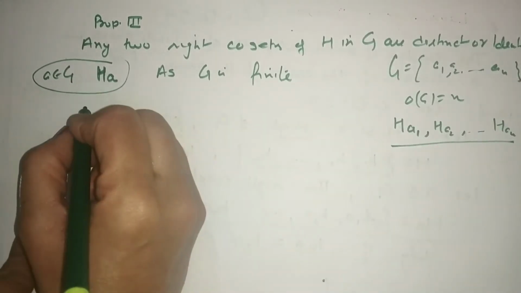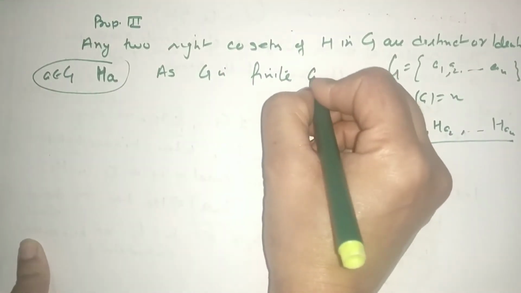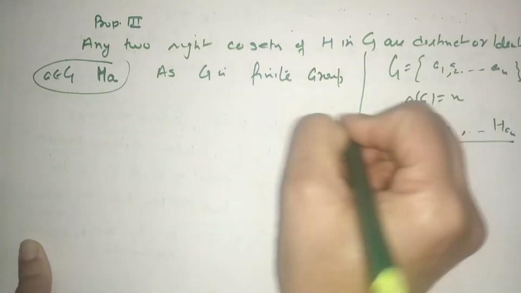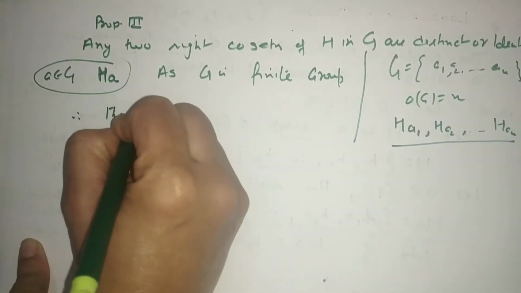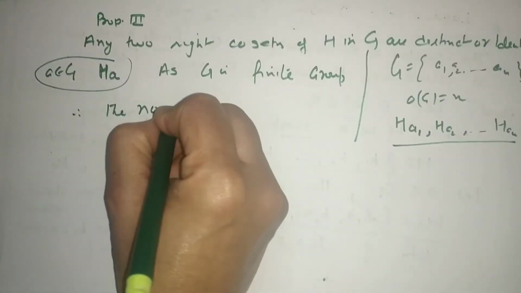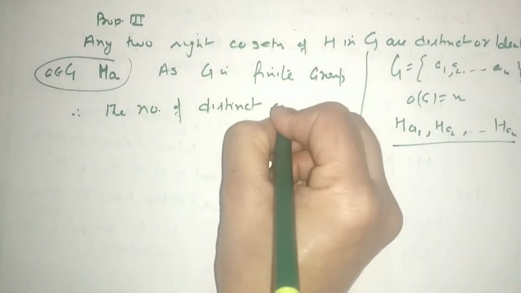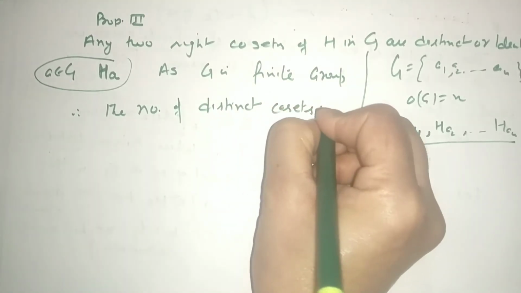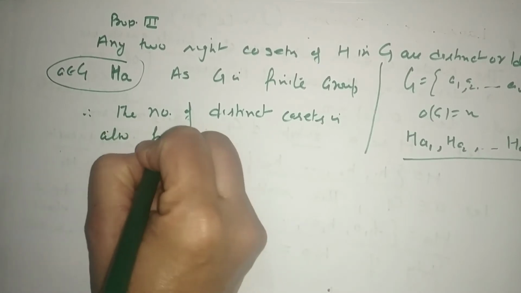As G is a finite group, the number of distinct cosets is also finite.